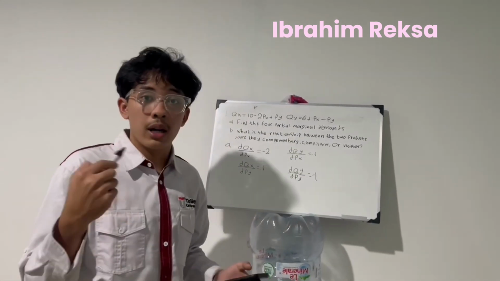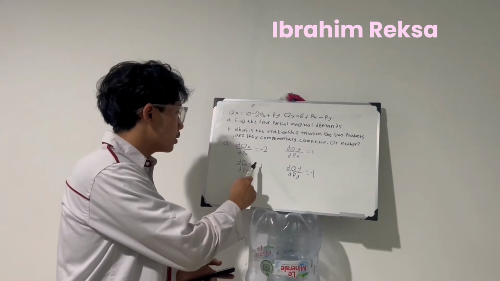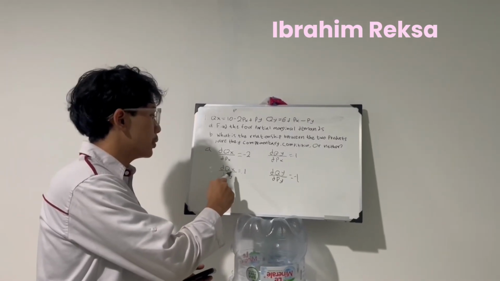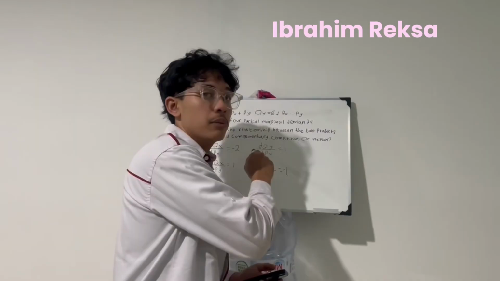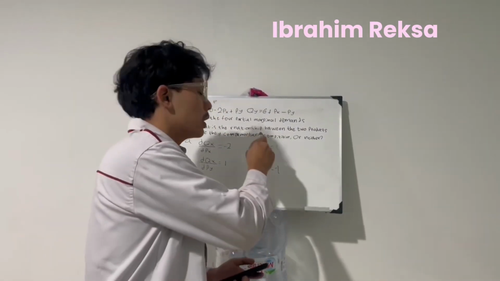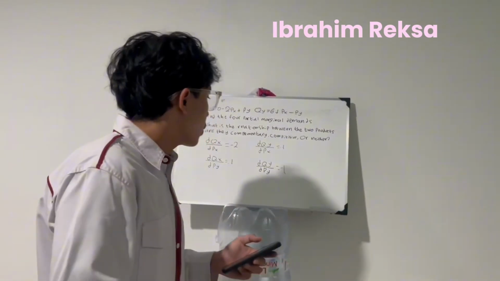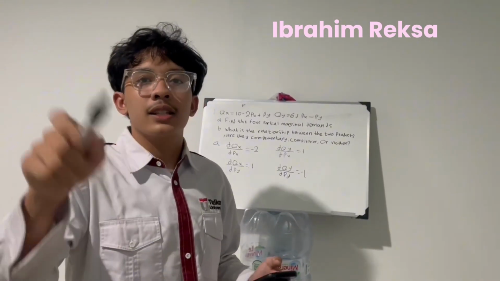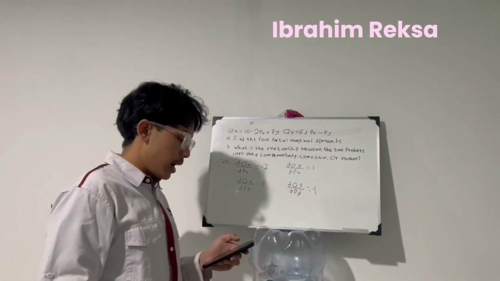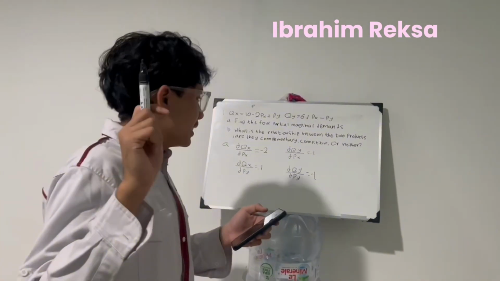So remember what I said. From what we saw, ∂QX/∂PY is 1, it's positive, and ∂QY/∂PX is 1 and it's positive too. So when both are positive, what is it? It's competitive. My bad. Yes, it's competitive.